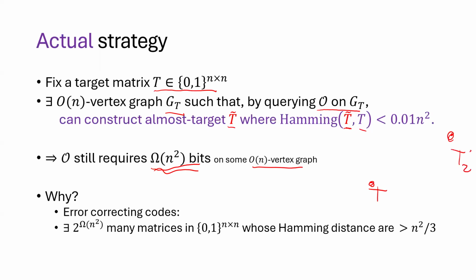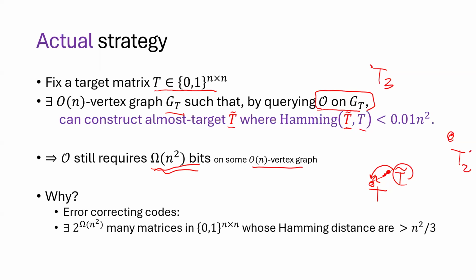T2 is far away, T3 is far away. Now using this oracle, I can obtain some T tilde that is close to T. So from T tilde, I know that my original target is T for sure. So basically I can reconstruct my original target T, which encodes n square bits.